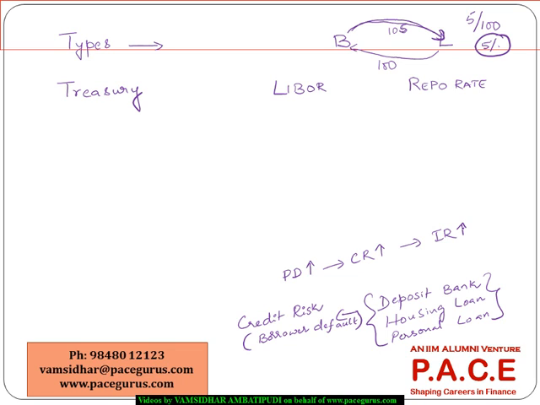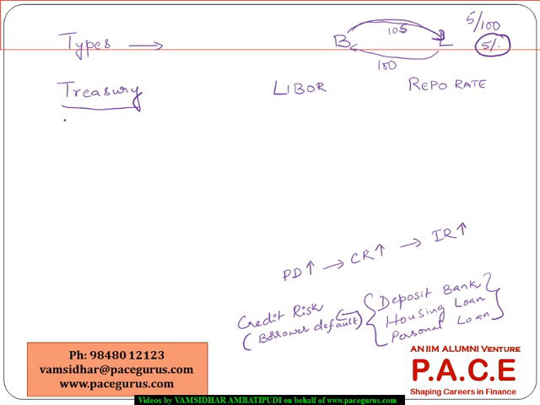So the higher the credit risk, the higher the interest rate promised by the borrower to the lender, and that is how interest rate numbers differ from transaction to transaction. A pure analysis of credit risk, the possibility of default, will give rise to what kind of interest rate should be applicable.